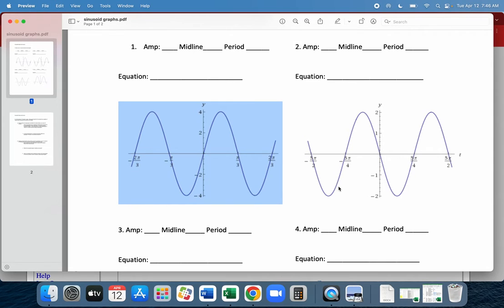Let's see, I'll write the angle. The angle is multiplied by 3 in order to cut the period length by a factor of 3. So this is shorter because we do something to the angle before we find the sine or cosine of it.